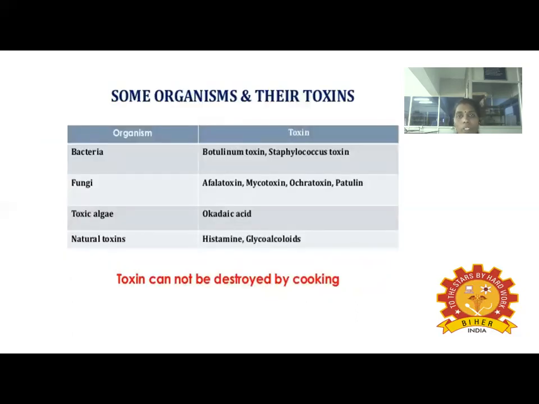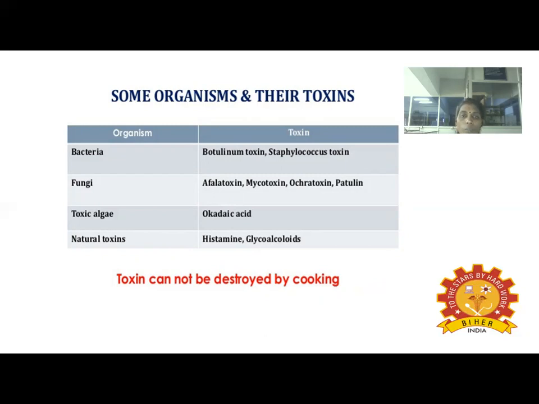Some organisms and their toxins. Organism, that is bacteria. What is the toxin produced by bacteria? Botulinum toxin, Staphylococcus toxin. Then what is the toxin produced by fungi?